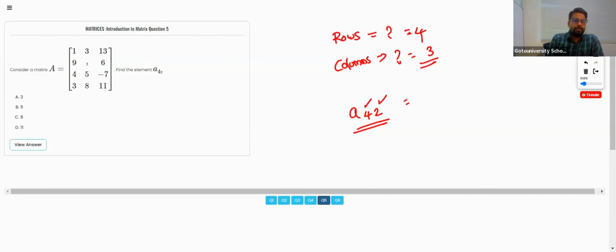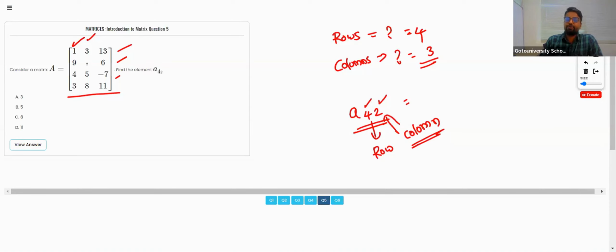4th row: row 1, row 2, row 3, row 4. We are in the 4th row, and column 1, column 2. Remember, always the first one is a row and the second one is a column. We cannot reverse it because it's universally accepted and we have to follow what is accepted universally. The first entry stands for row, generally i, and the second stands for column, generally j.